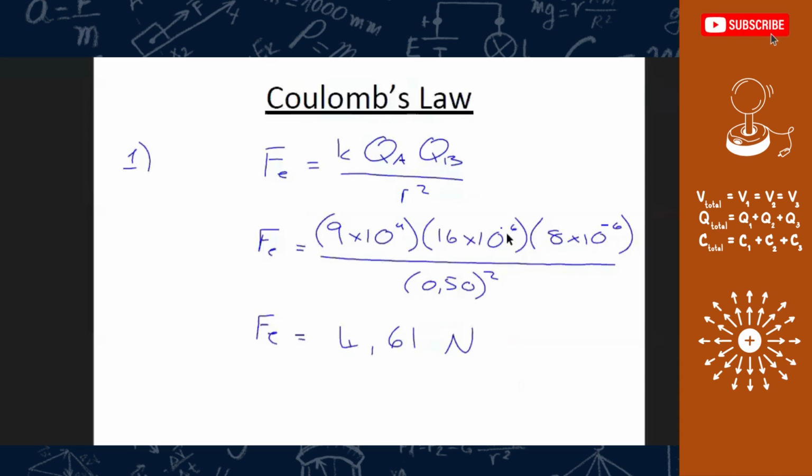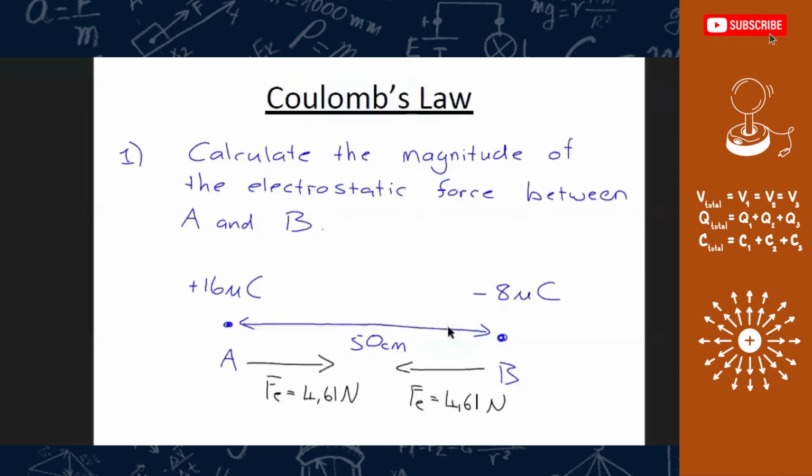When you substitute in, you do not have to take into consideration the sign. We only take into consideration the sign when we look at what type of force they would feel. Now, B is negative and A is positive.